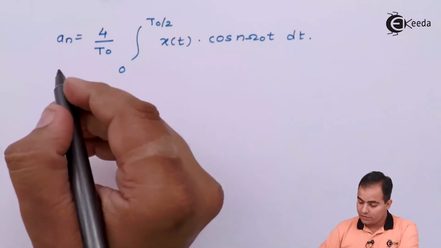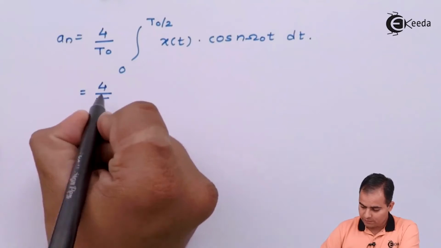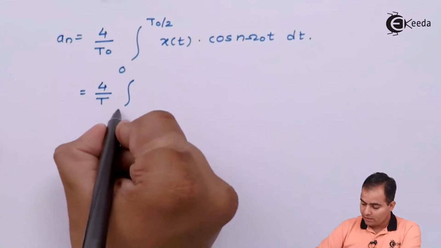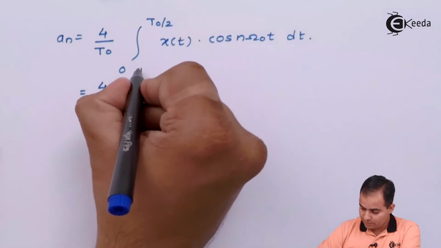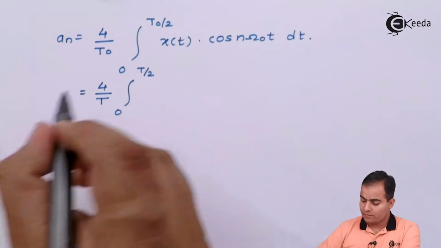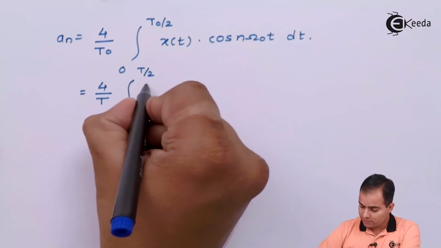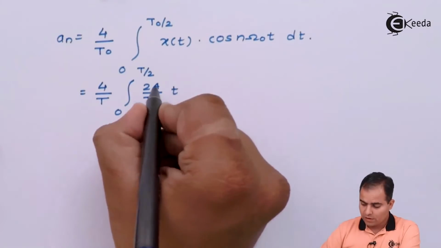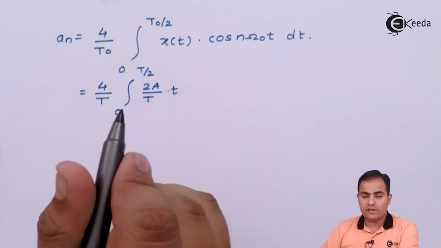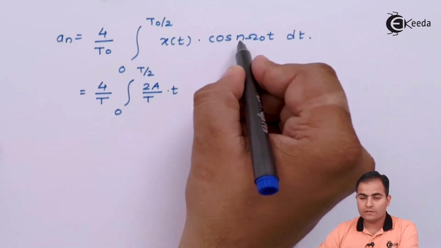My T naught value is T, so we'll write 4 by T only, and my integration limit is 0 to T by 2. My x of t value was 2a by T into a small t, and this is multiplied with cos of n omega 0 t.